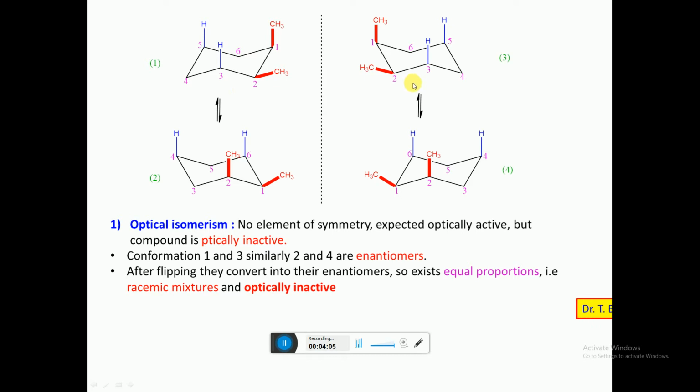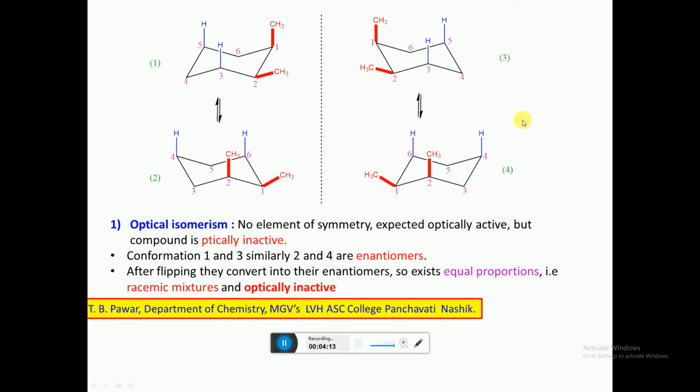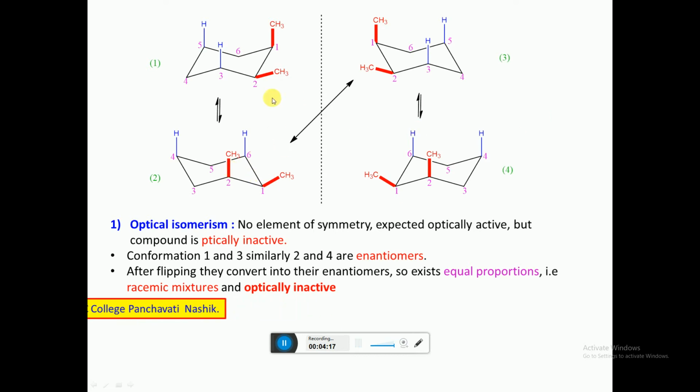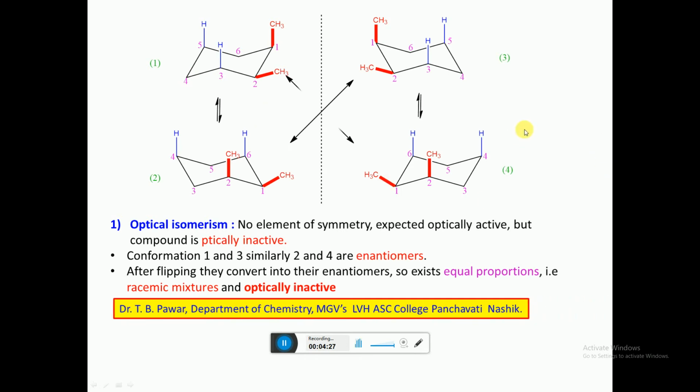Conformations 1 and 3 are enantiomers, but when 1 flips into 2, 2 and 3 are identical. Means structure 1 flips to 2, but structure 2 is identical to its enantiomer, and structures 1 and 4 are identical.